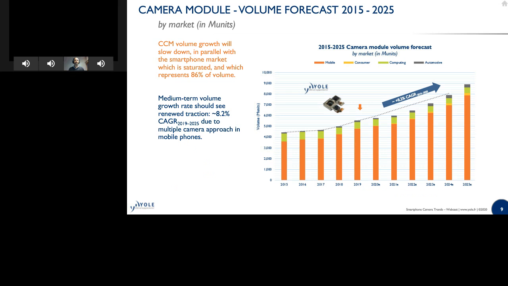And therefore here is the volume we get for camera modules. The order of magnitude is 6 billion. This is a really impressive number, and the growth is around 8% per year.